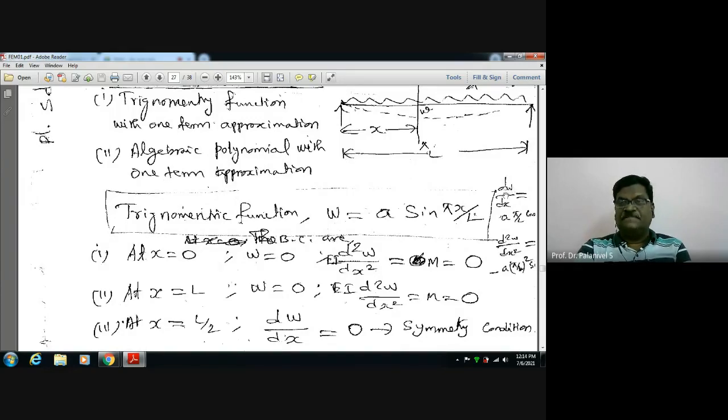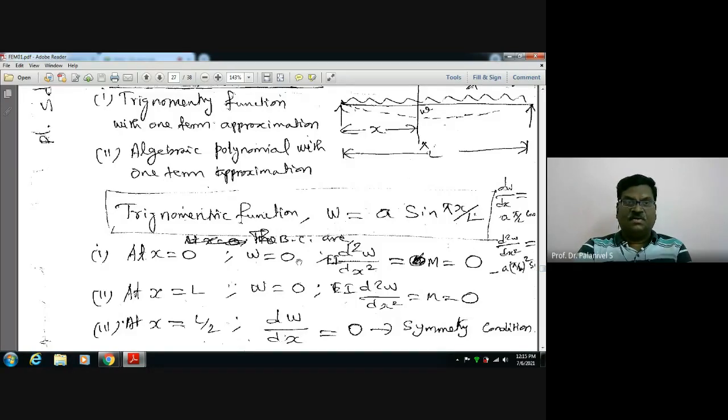It's okay, no problem. dw by dx is equal to A into pi by L into cos pi x by L. Next, the further derivative: d square W by dx square is equal to minus A into pi by L, and another pi by L, so pi by L whole square into sin pi x by L. These are the derivatives twice.